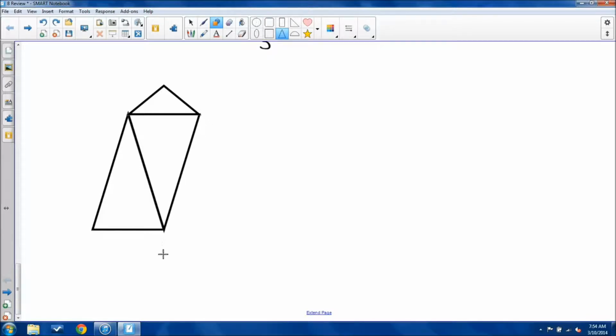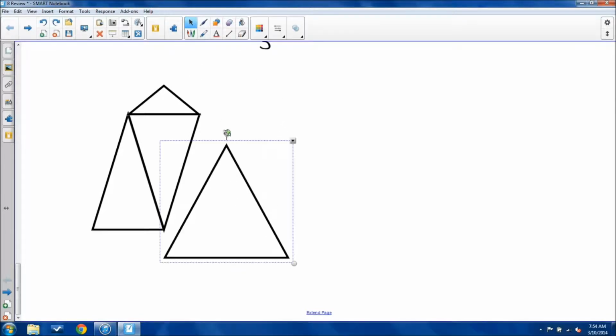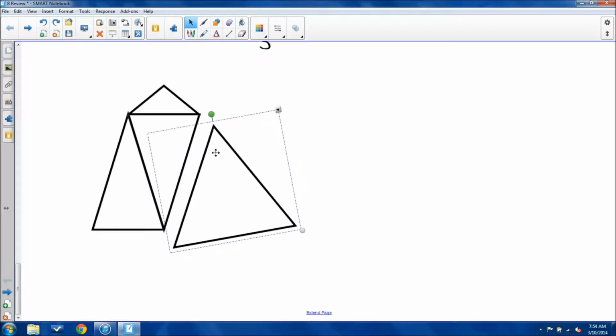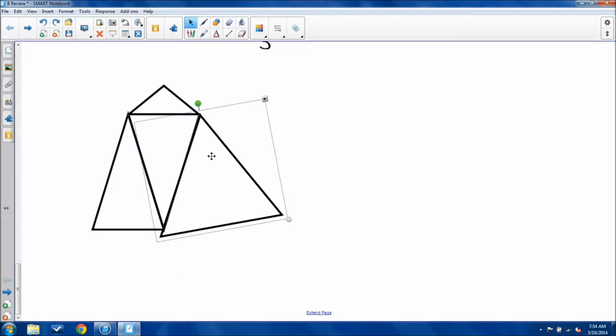I add another triangle to it. As you can see, what I'm doing is adding triangles, and I'm trying to create more shapes out of it. Now I have a 1, 2, 3, 4, 5, 6-sided shape, a hexagon.